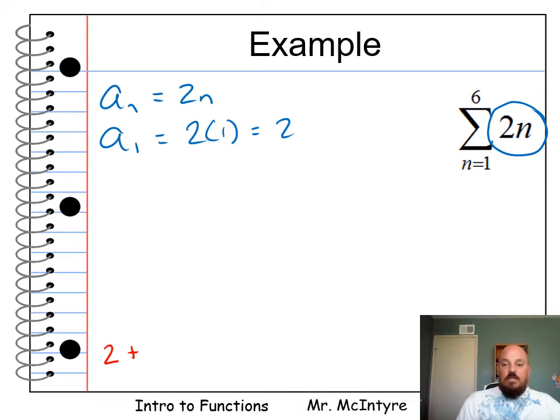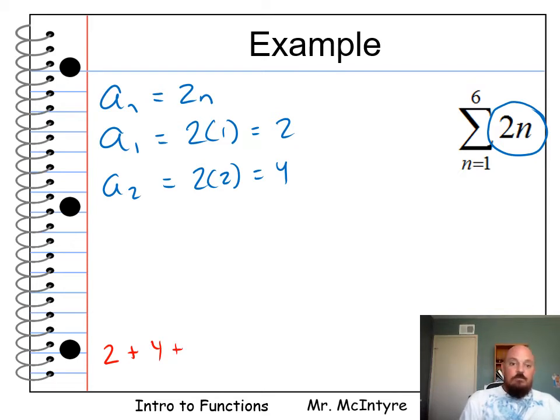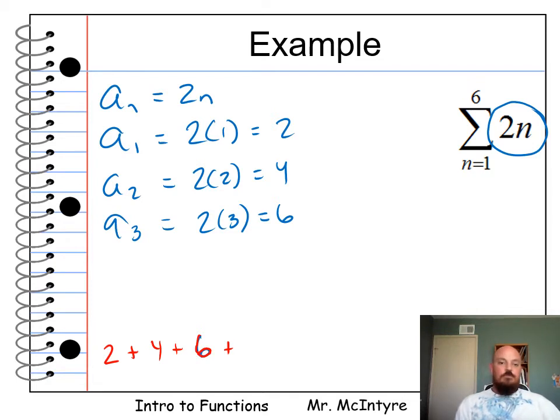And then I'm going to plug in 2. If I plug in 2 for n, I have 2 times 2, which is 4. So my next term is 4. And then I plug in 3 for n. 2 times 3 would be 6. Oops, it's in blue, but that's okay. All right.